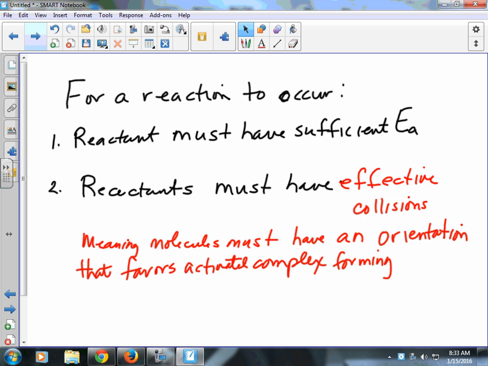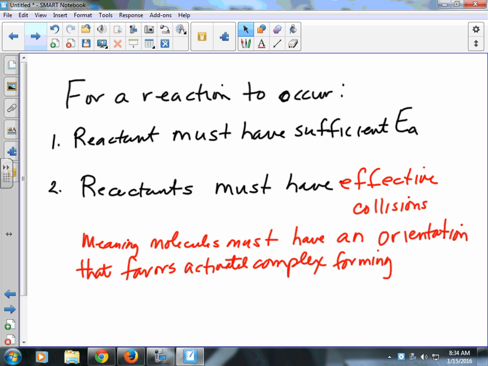Okay, and the next one, B, what they're trying to say here is if they come at each other with this orientation, the bromines are near each other, so when they collide and that bond breaks, the bromines are close enough that this attraction can occur and the Br2 bond forms. Okay, so they're saying A, effective collision, B, effective collision.